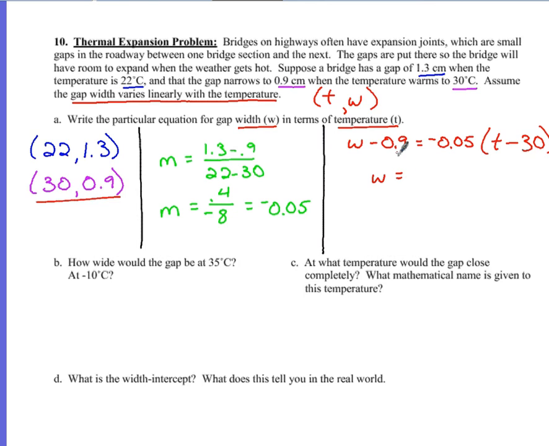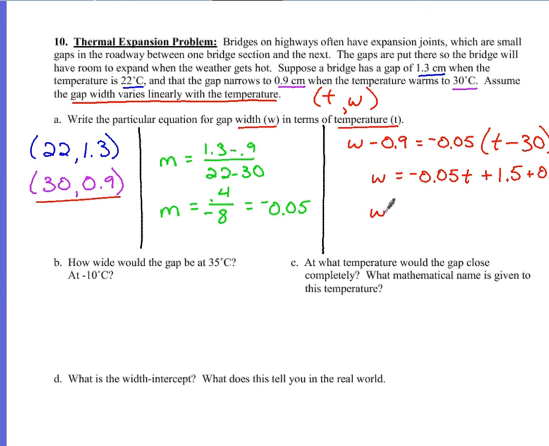While I add that over, I'm going to distribute through the negative 0.05. So it's going to be negative 0.05 T, and then negative 0.05 times negative 30 is going to be plus 1.5 there. We're adding over the 0.9.